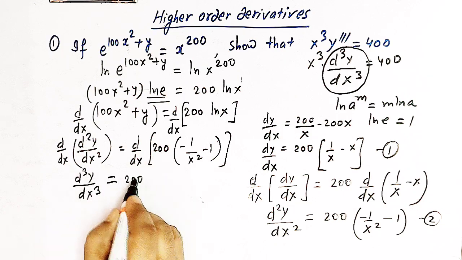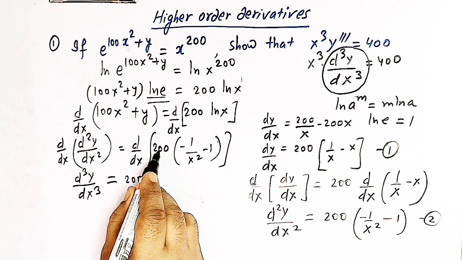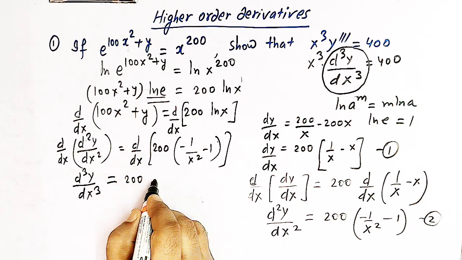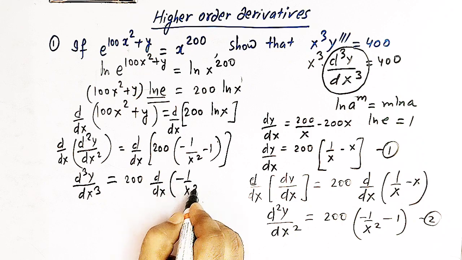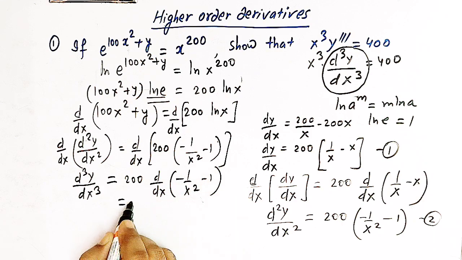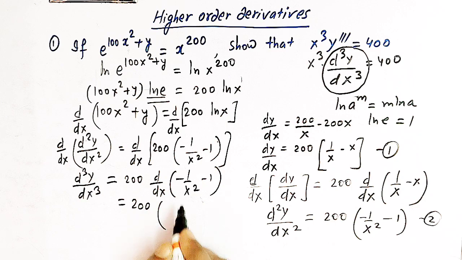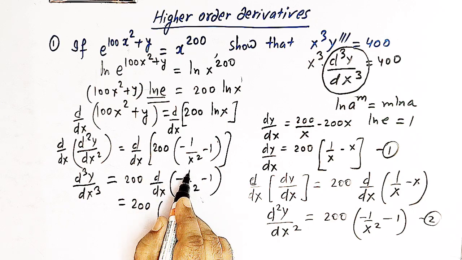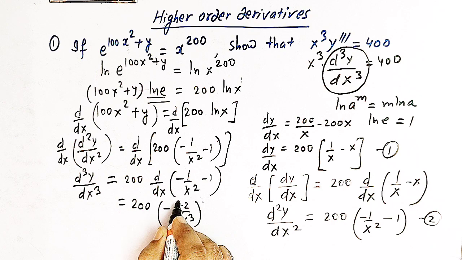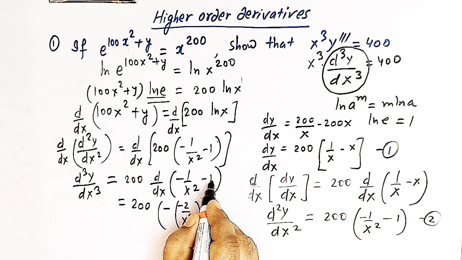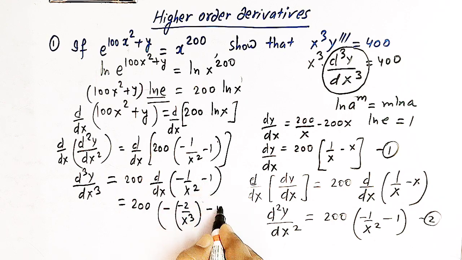And here we have 200, taking 200 outside the derivative operator, we have d by dx of minus 1 over x square minus 1. So this is 200, and the derivative of 1 over x square is given by minus 2 over x cube, and the derivative of 1 is 0.